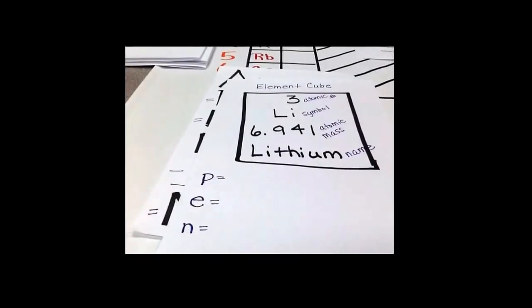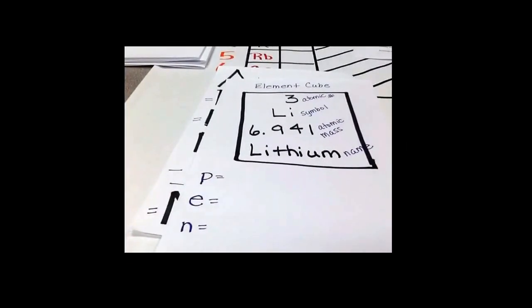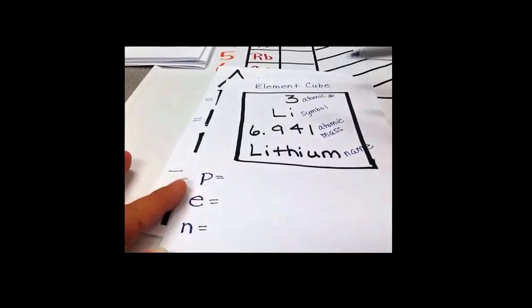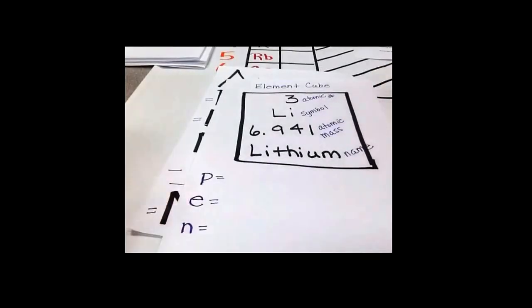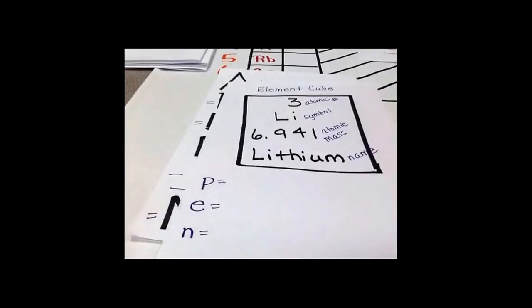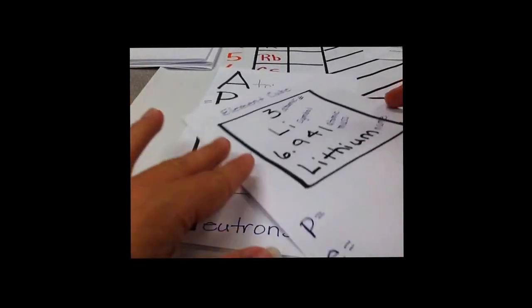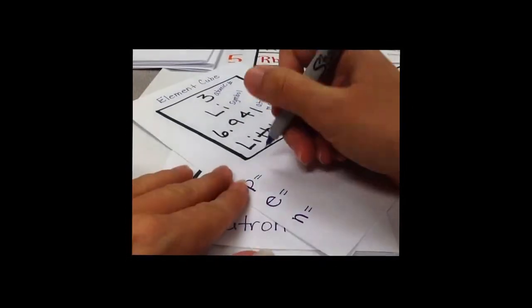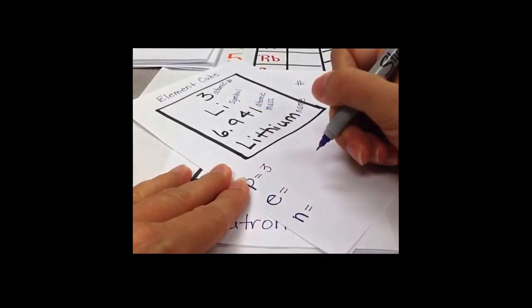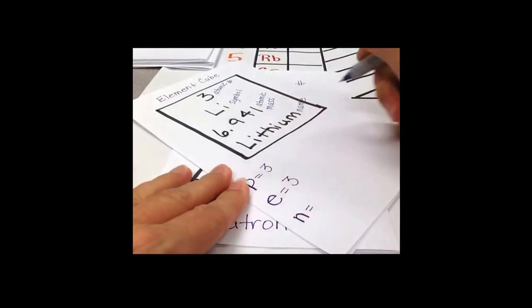The atomic number for lithium is 3, and the atomic mass is 6.941. So according to my acronym, my atomic number is equal to my protons and electrons. There is not a trick, it is the same. So my protons equal 3, and my electrons equal 3.